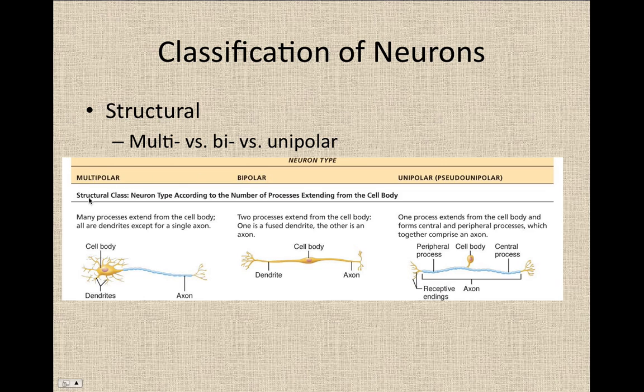Multipolar is several poles. And what they're talking about is how many axons or how many arms go off of the cell body. And the cell body in the multipolar neuron, which is going to be your typical neuron, is going to have several dendrites coming off of the cell body, and then one axon that comes off.